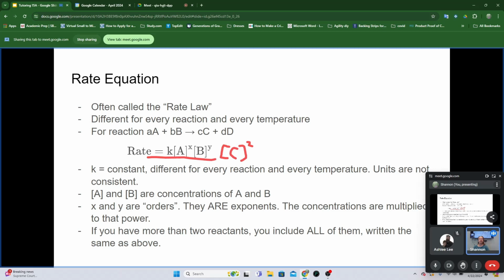Now, why do we have this X, Y exponents thing? Okay, that is because depending on the reactant, I guess they're better at those collisions, okay?